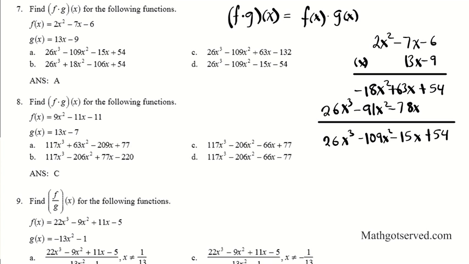So your final answer is option letter A. Okay, so the answer is option A.